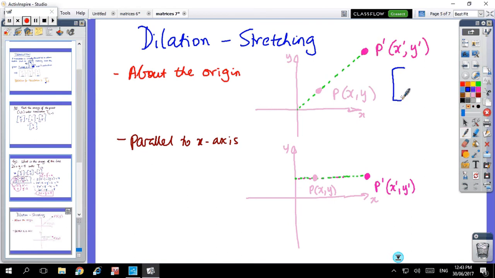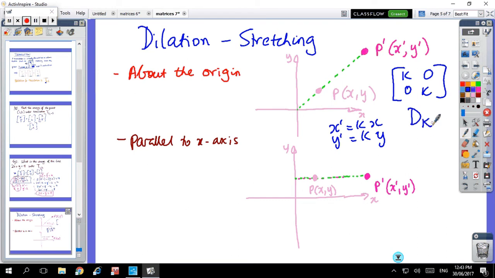So basically x dash equals some multiple of the original, and y dash equals the same multiple of y, and so the matrix that works that is k, 0, 0, k, and the notation, they use the letter D for dilation, and if it's just a straight dilation in both directions, they say D k.